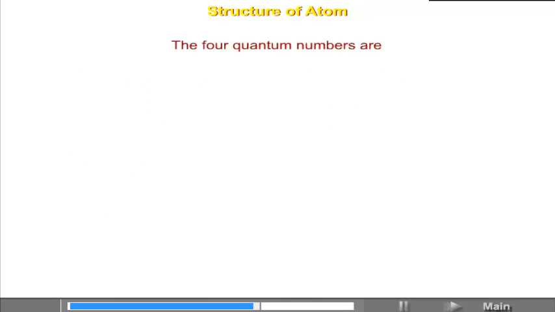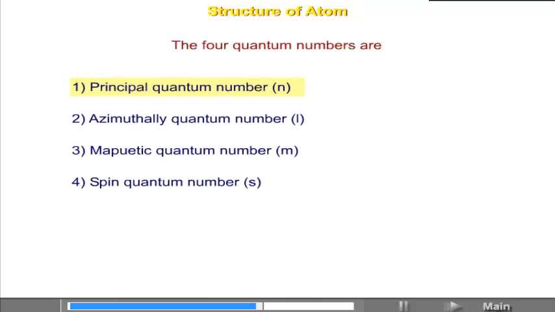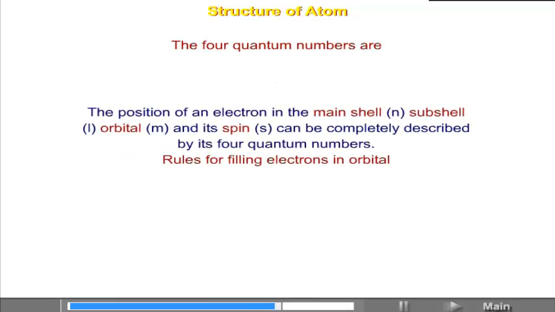The 4 quantum numbers are the principal quantum number denoted by n, the azimuthal quantum number denoted by l, the magnetic quantum number denoted by m, and lastly the spin quantum number denoted by s. The position of an electron in the main shell n, subshell l, orbital m, and its spin s can be completely described by its 4 quantum numbers.